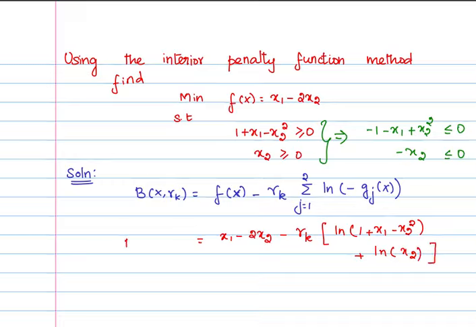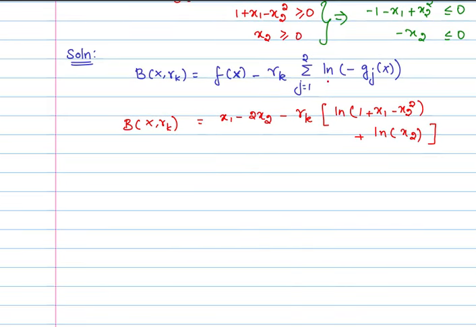This is my b of x comma rk. So this is the interior penalty function method. Some books use this barrier function as minus 1 over gj also. But we are following the logarithmic barrier function, that's it.